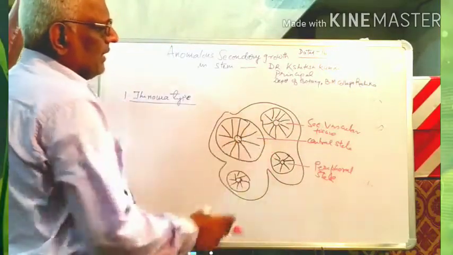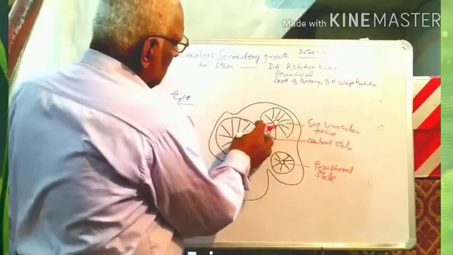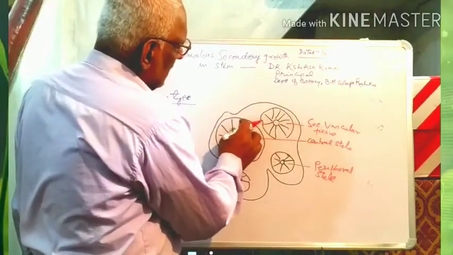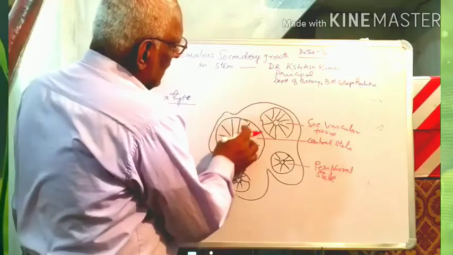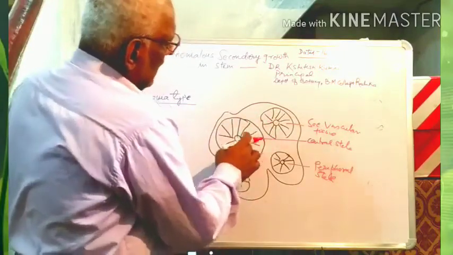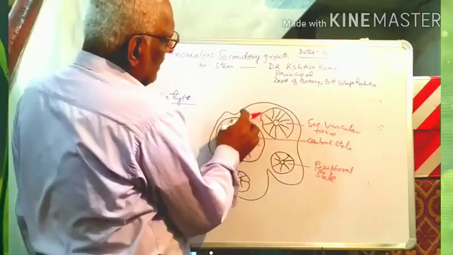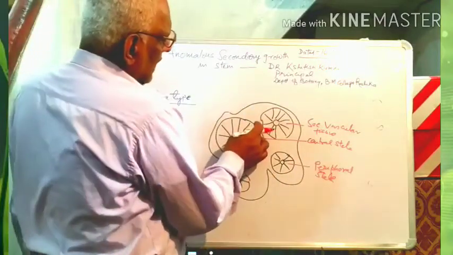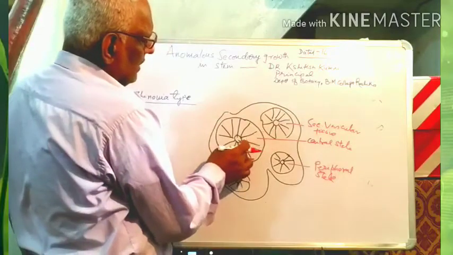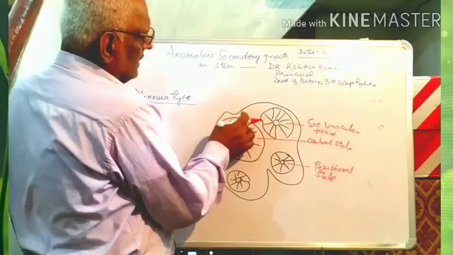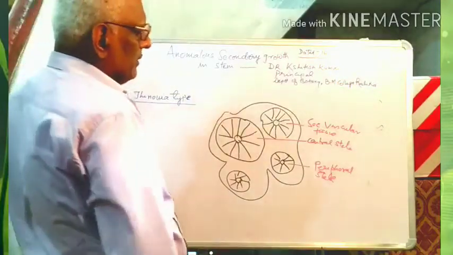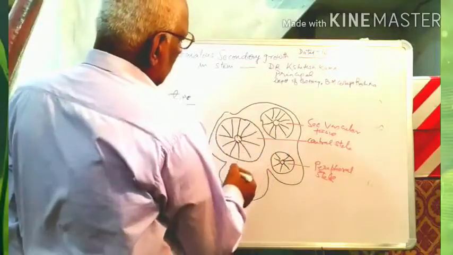In the center, the stele encircled by this cambium forms its own stele, and this is encircled by its own cambium, and here are the secondary vascular bundles formed after abnormal secondary growth, and hence this is the abnormality.